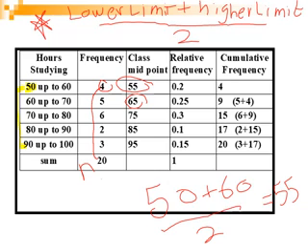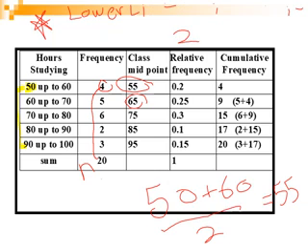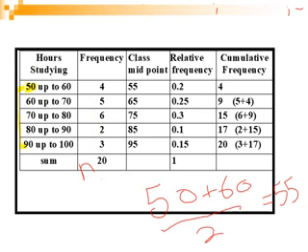So how do we get the relative frequency again? Now let's use the rule. Relative frequency: divide each frequency by the total data. Here we get 0.2 by dividing 4 over 20, 0.25 by dividing 5 over 20, 0.3 by dividing 6 over 20, and so on.